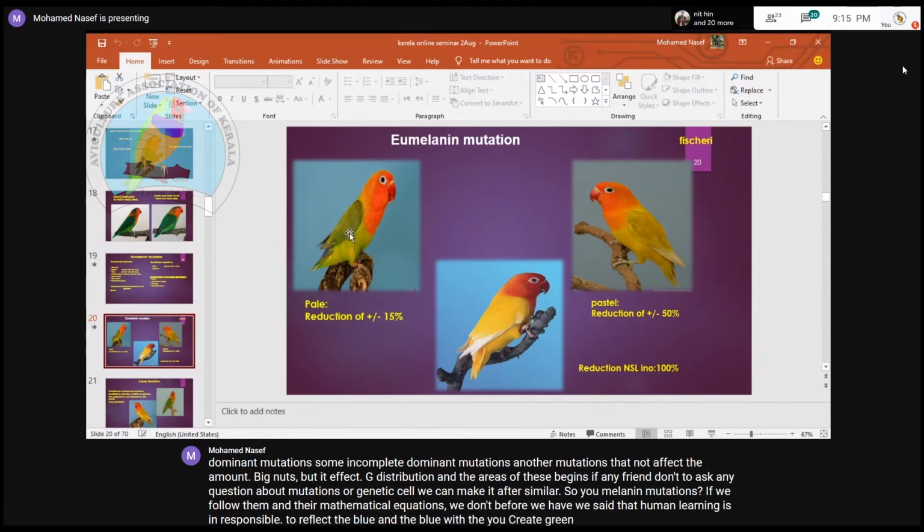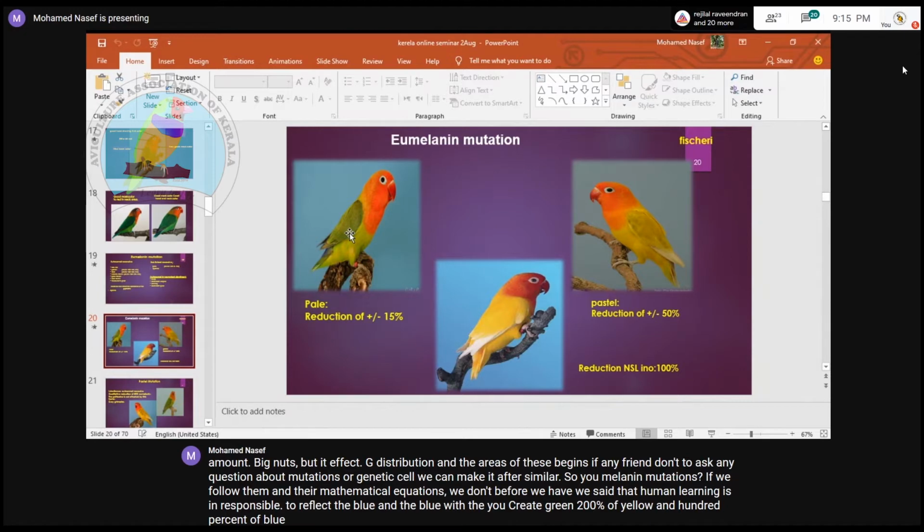So 100% of yellow and 100% of blue will create the green color.